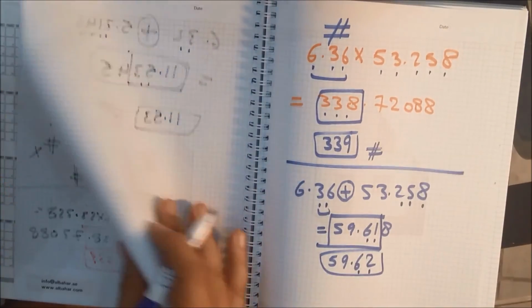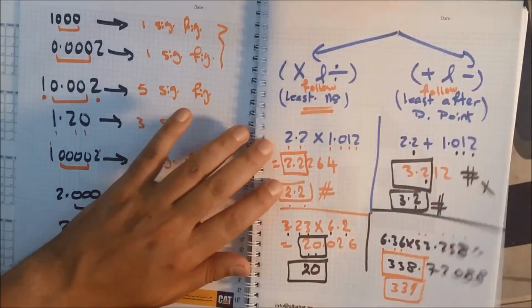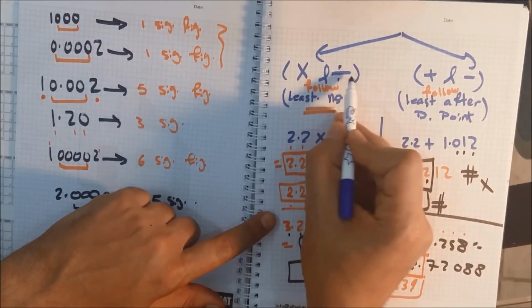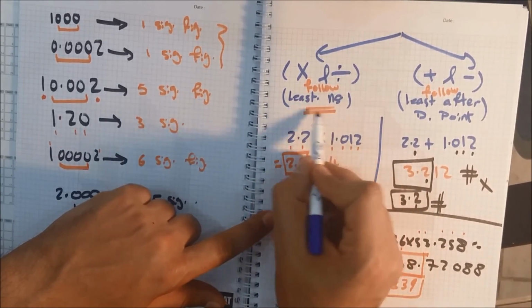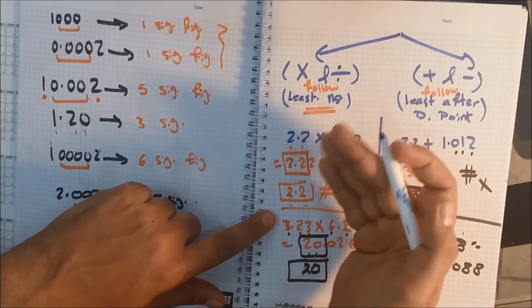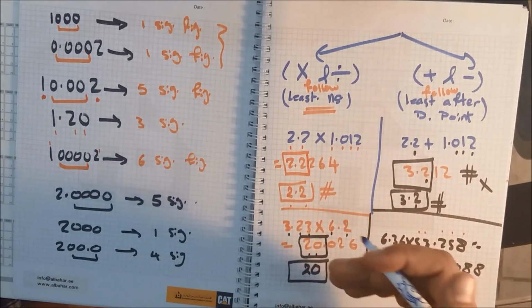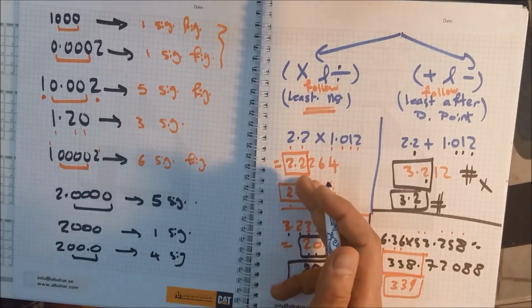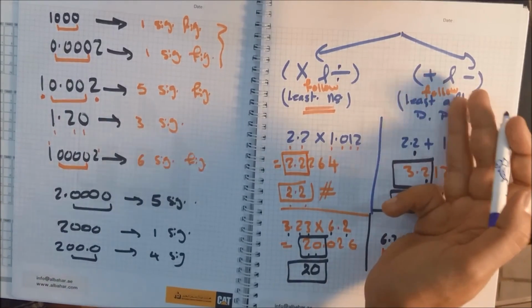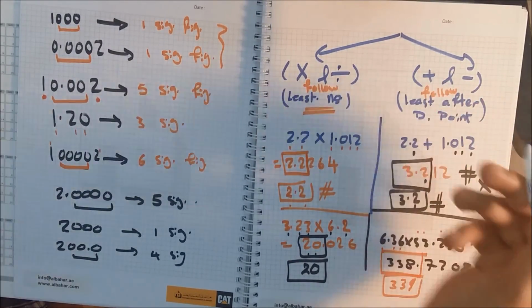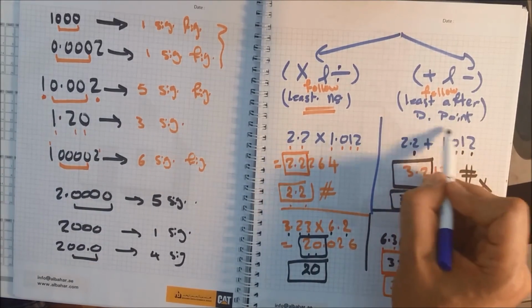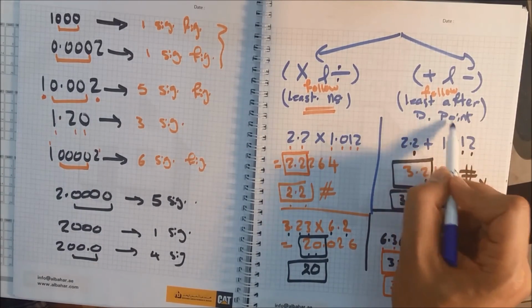So these are the two rules of the significant figures. If you have multiplication or division, you need to follow the least number, the whole number. You are counting the least, and your result should have the same significant figures as the least number. While in addition and subtraction, you need to have the least numbers after the decimal point.